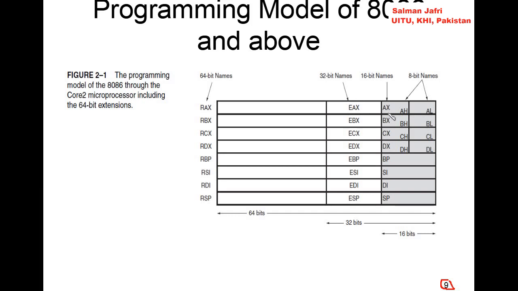AX is a 16-bit version. It is divided into two 8-bit registers, AL and AH, A lower and A higher. So this 8 bits combined with this 8 bits form the AX register. And when we talk about the core architecture, which is 64 bits, Intel uses the R prefix. So RAX is a 64-bit version of AX. Similar is the case for the other registers that have been shown.